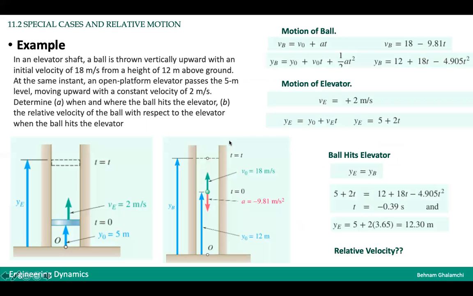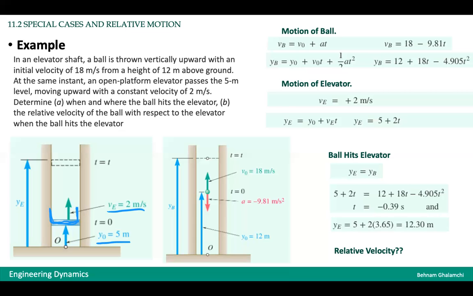Let's see the example. In this example, we assume that we have an elevator shaft, one single elevator shaft. There are two particles which are moving, so that's why I put two figures here. First of all, let's assume that this is the elevator cabin. It's moving upward with a constant speed of 2 meters per second, and at time equals 0, it's located 5 meters above the ground.